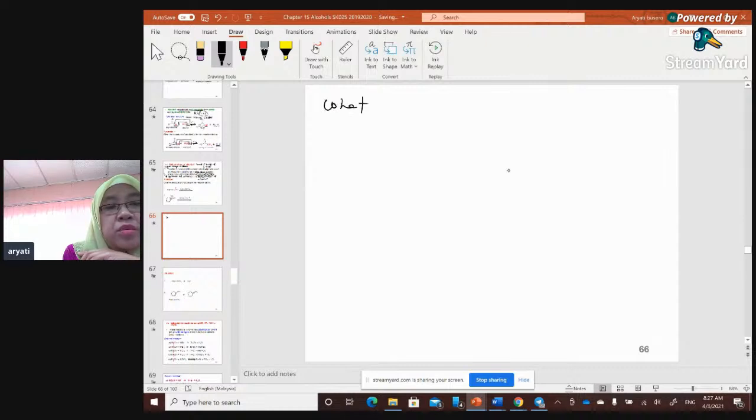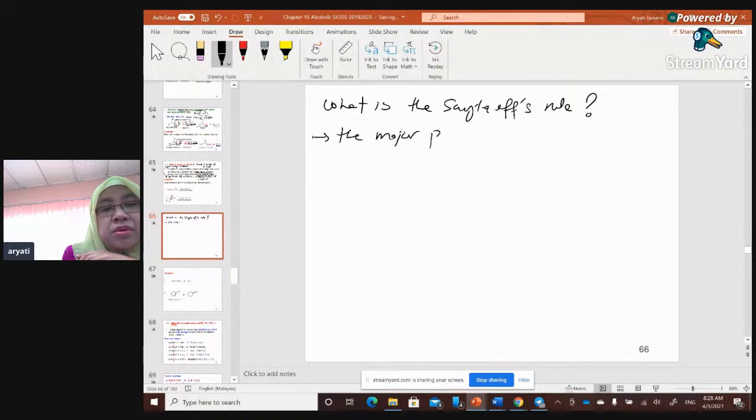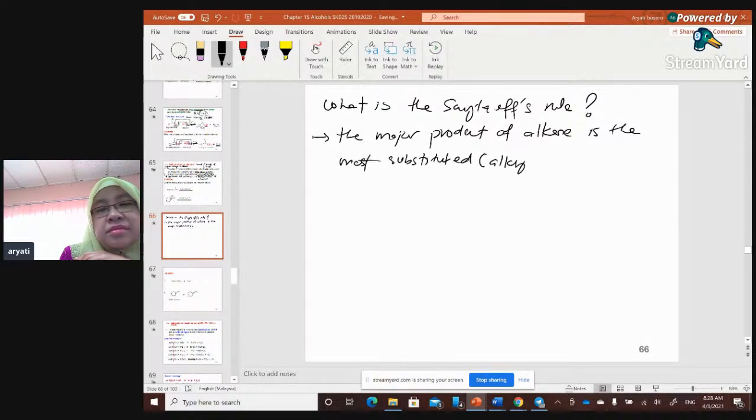So Saytzeff's rule states that the major product of alkene is the most substituted, okay, alkyl substituted carbon double bond. Kalau nak buat ayat je lah.